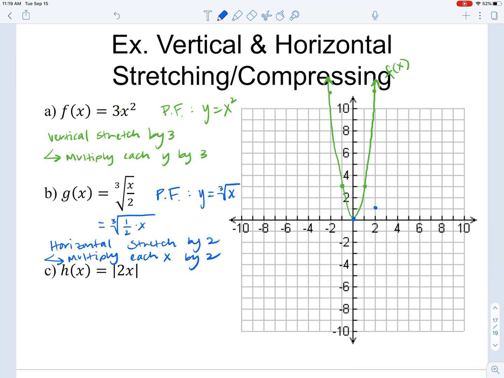So 0, 0 stays where it is. 1, 1 would go to 2, 1. Negative 1, negative 1 would go to negative 2, negative 1. Let's think. 8, 2 is another point on the parent function, so that goes way off of the graph. 16, 2 would end up being the next points that we're familiar with.